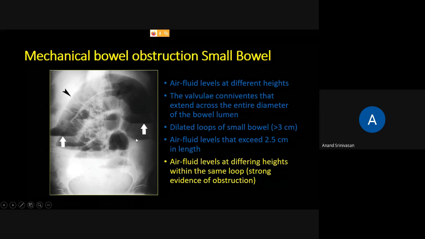If the air fluid level exceeds 2.5 centimeters, that could also indicate an intestinal obstruction. Air fluid levels at differing heights within the same loop, you can see they are at different levels, can also indicate obstruction. You can see the valvulae conniventes along the entire small intestine.